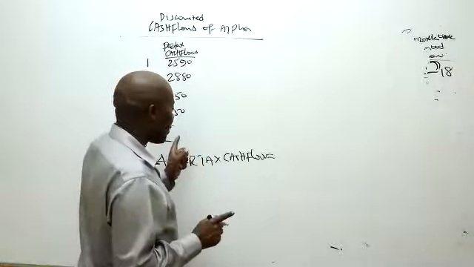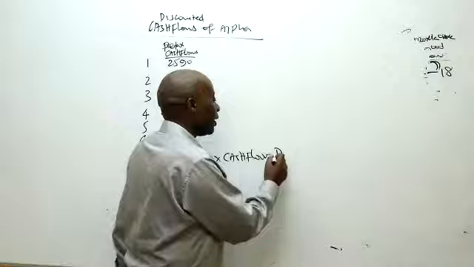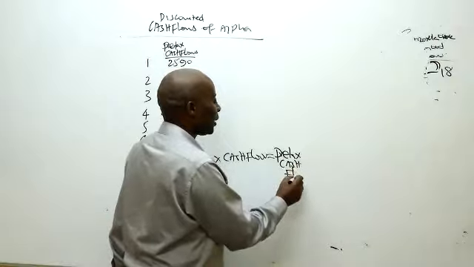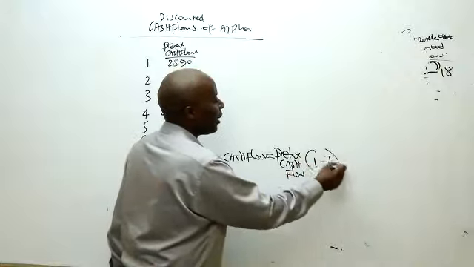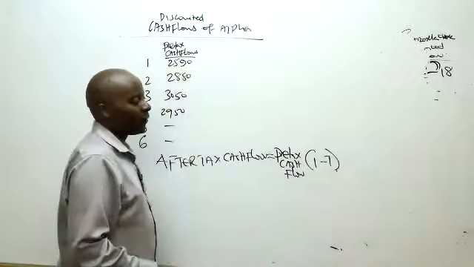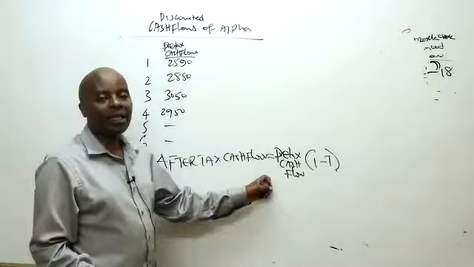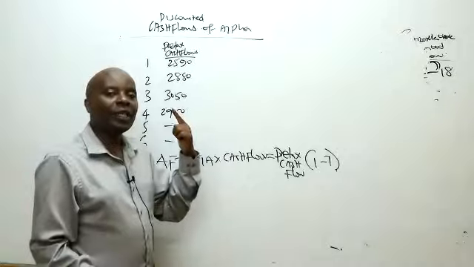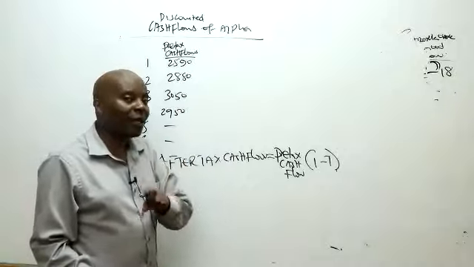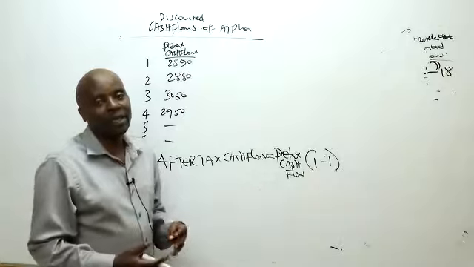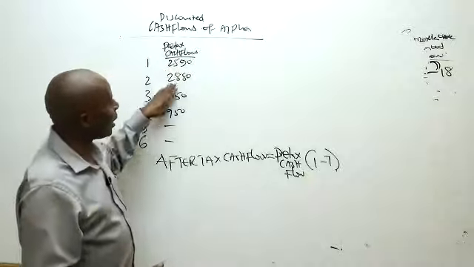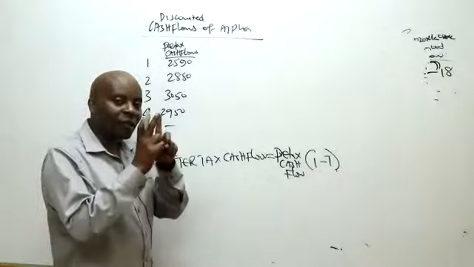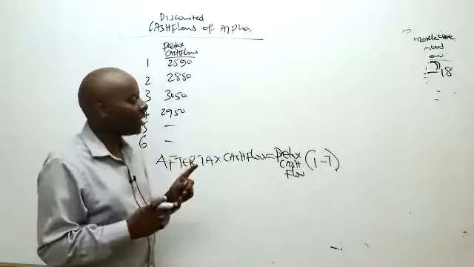You should always take the pre-tax cash flow multiplied by 1 minus taxation. You simply tax these, because these figures are already cash flows. So even the division we computed last time is neither here nor there. They are already cash flows, only that they have not looked at the tax effects.